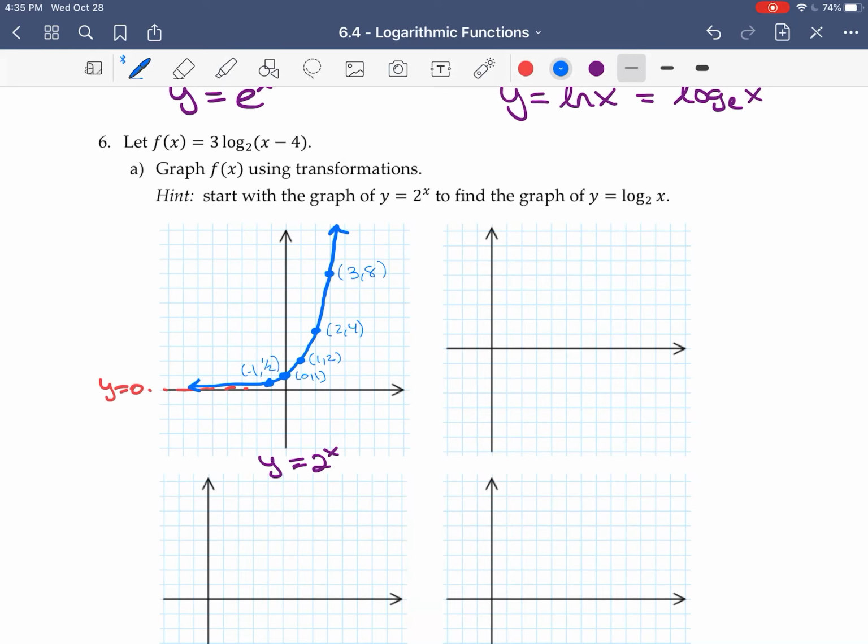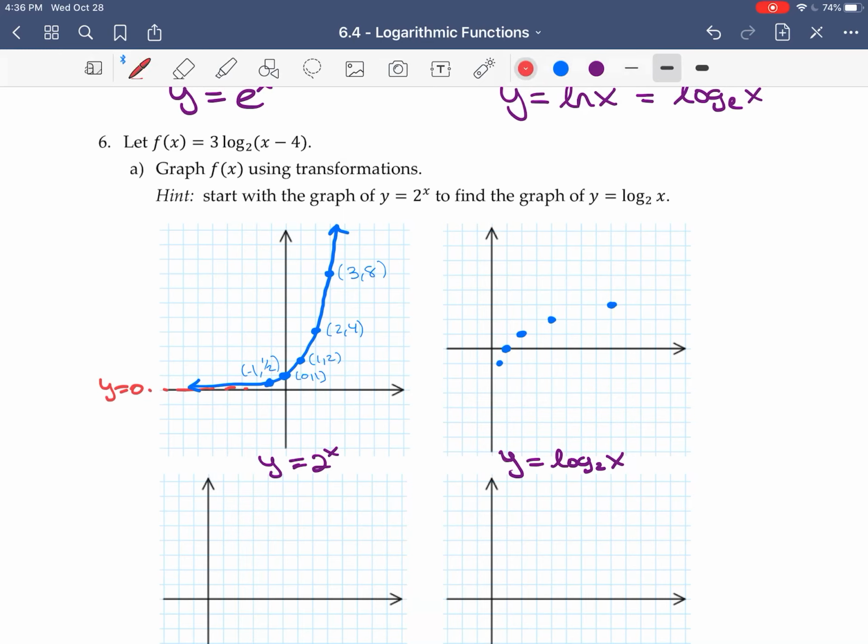Okay, so now we want the graph of y equals log base 2 of x. This is the inverse graph, so what we want to do is switch all the coordinates x and y. So 0, 1 is now at 1, 0, and then I'm going to have a point at 2, 1, at 4, 2, and at 8, 3, and at 1/2 I'm going to be at negative 1.